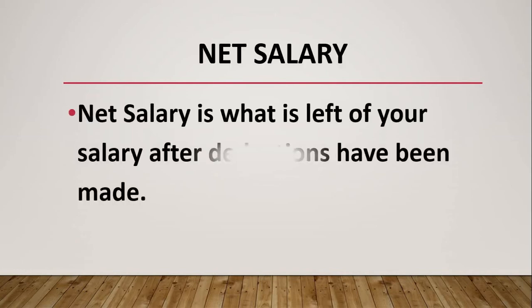Net salary. Net salary is what is left of your salary after deductions have been made. So what are the deductions? That is ESI, PF, professional tax, income tax, etc. After deducting all these deductions, the remaining balance is called net salary.